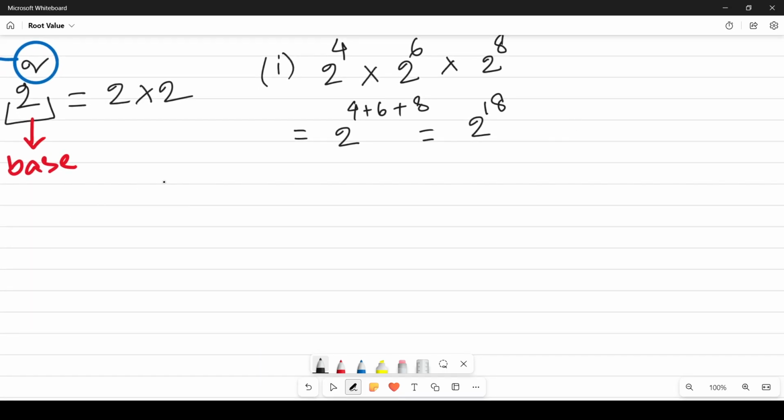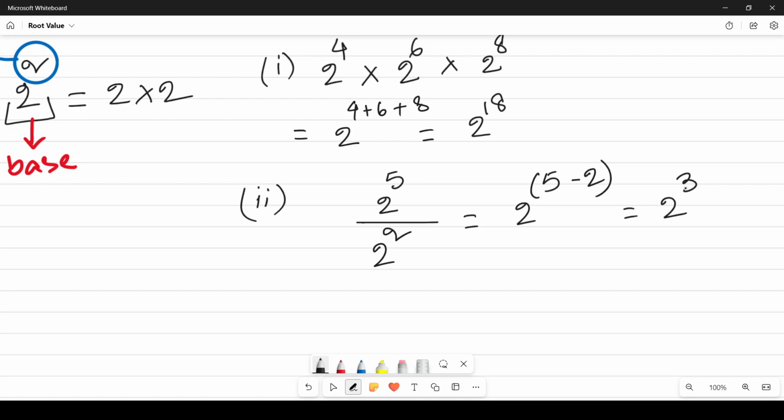What is the second law? The second law says, if you are dividing two values with the same base, then you can subtract the power of the denominator from the power of the numerator. It means 2 to the power 5, if we divide this value by 2 to the power 2, then we will get 2 to the power 5 minus 2, equals 2 to the power 3.